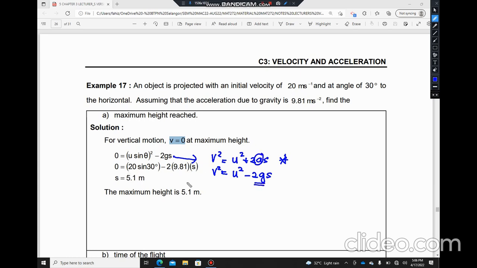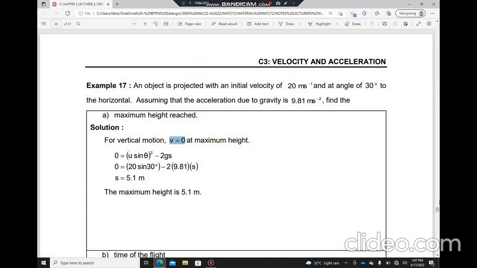Now v equals 0 because at maximum height, and then u is u sin theta, so (20 sin 30 degree) square, minus 2, g is gravity which is 9.81, and s means we want to find the maximum height. So when we calculate this one, we get 5.1 meter. So the maximum height is 5.1 meter.